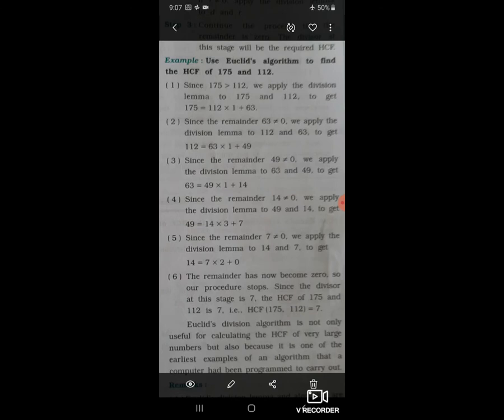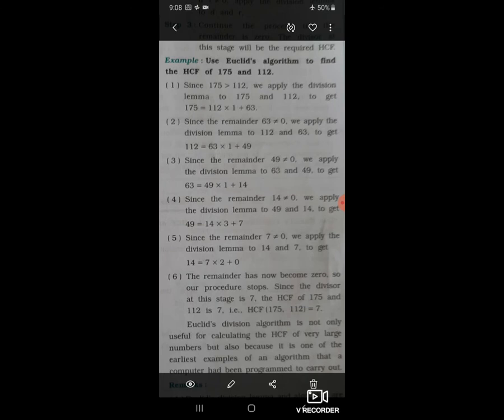Here r = 63, which is not equal to 0. In the second step, since the remainder is not 0, we apply the division lemma to 112 and 63 to get 112 = 63 × 1 + 49. Once again, remainder 49 is not equal to 0.